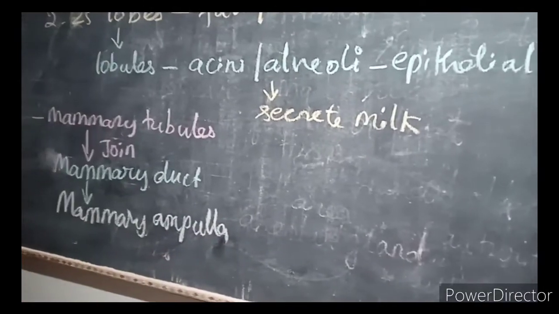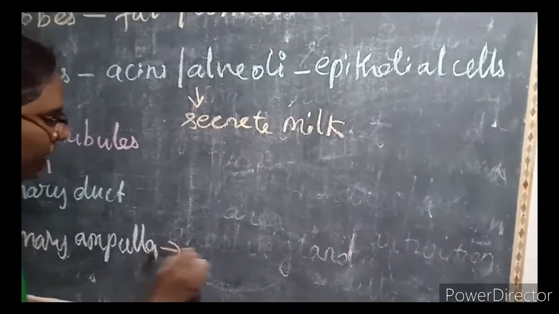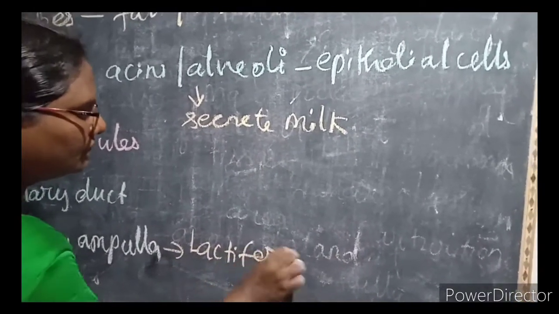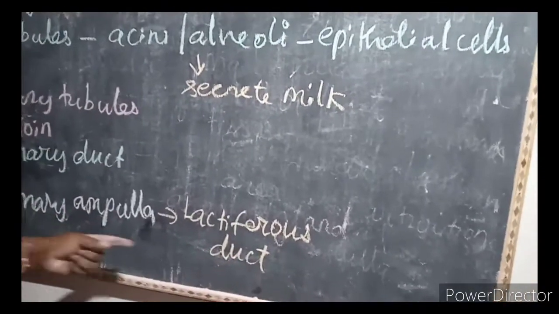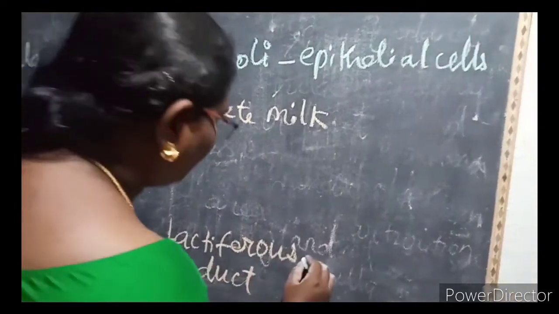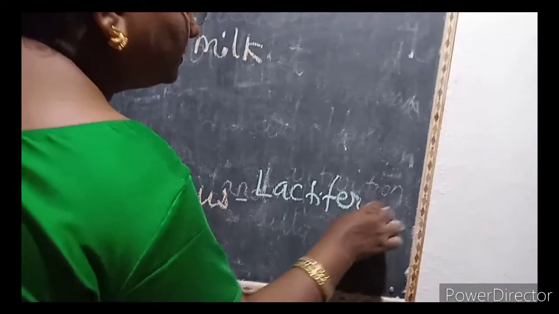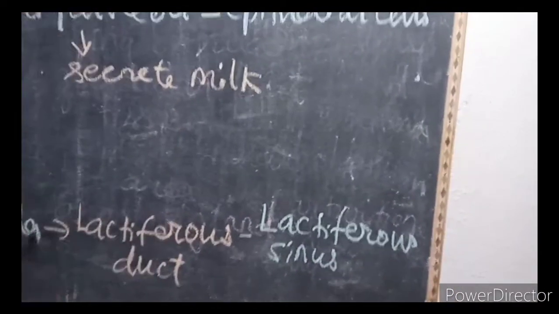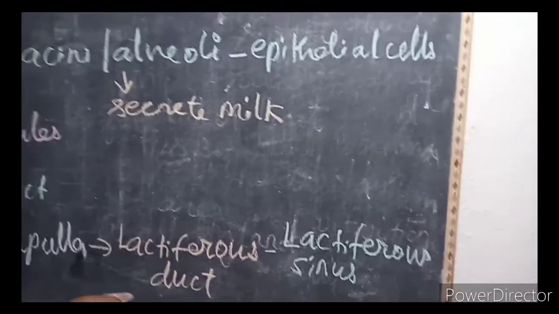So this mammary ampulla extends into the lactiferous duct. Each lactiferous duct expands to form a lactiferous sinus, which opens internally, that is, separately, into the nipple.